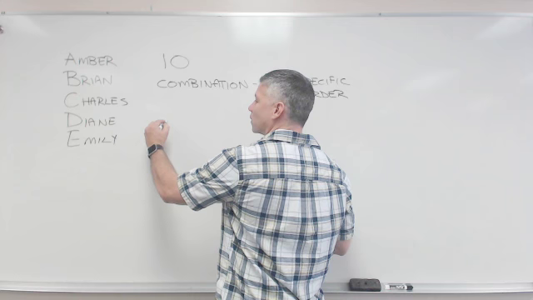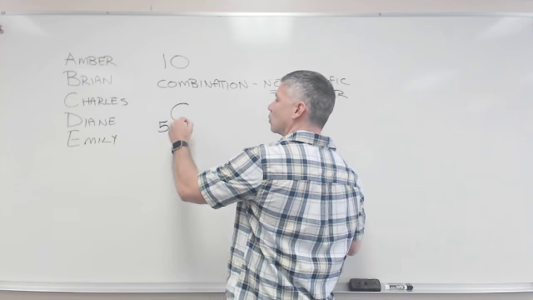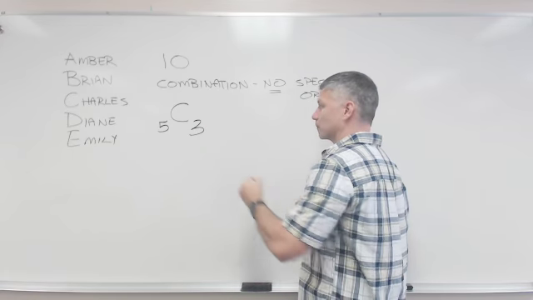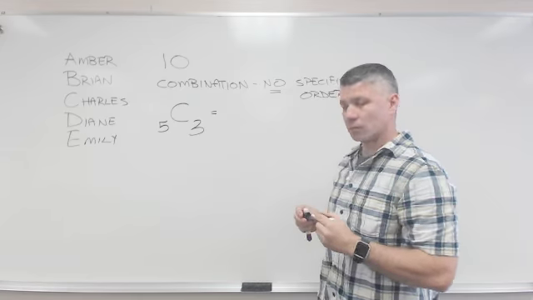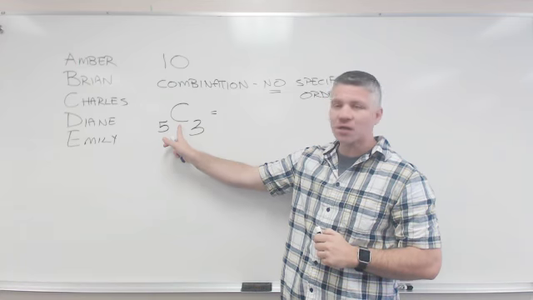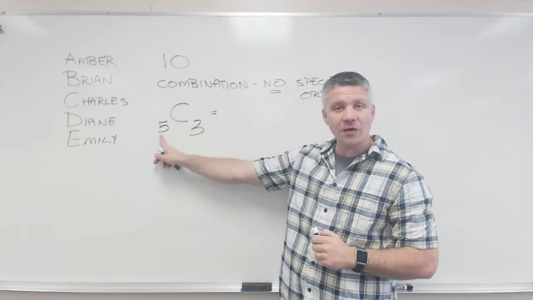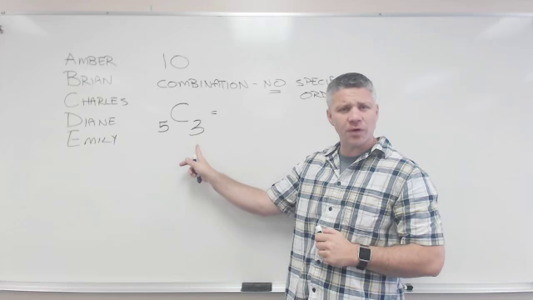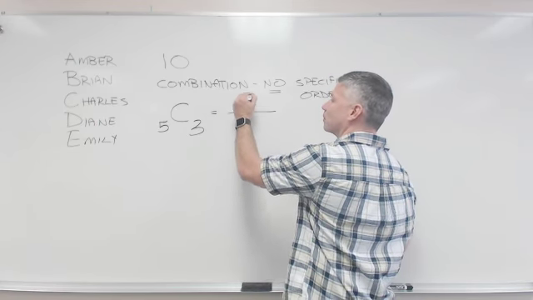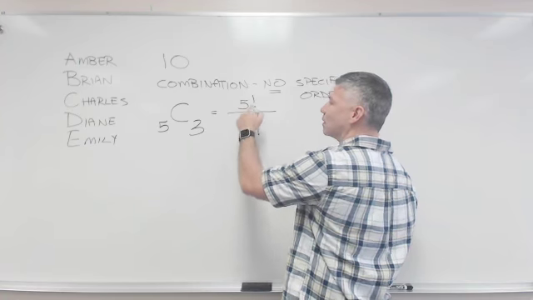It's going to start off looking very similar to what we did. We're doing combinations, not permutations, so it's a C. We still have 5 total students, and I need 3 of them for hall duty. The fraction sets up exactly the same at the beginning.